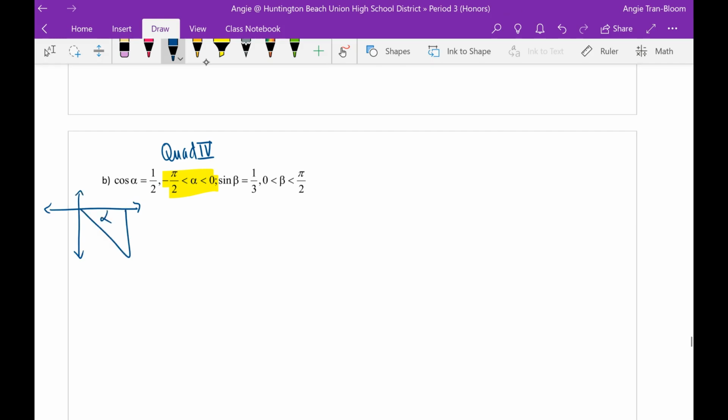Here's alpha. So opposite of this is going to be, oh, I should say adjacent first. Sophia, can you tell me how to label this triangle? Very good. Very good. That leads me to the opposite.